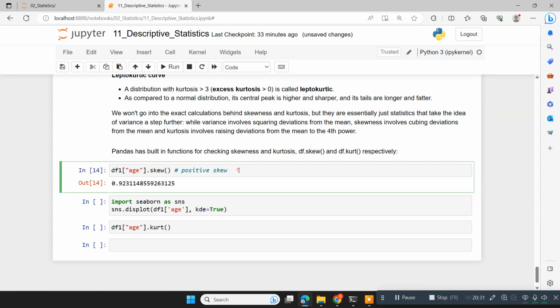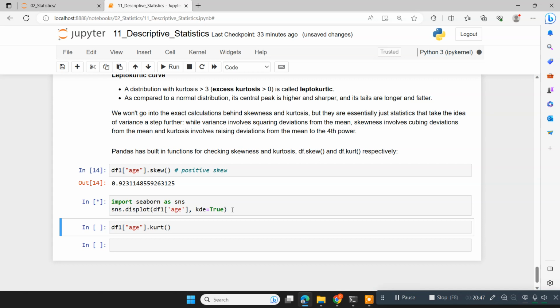And we can also see the distribution of the data by using distplot, which is provided by the library seaborn. So importing seaborn as sns, then sns.distplot of age, with KDE, kernel density estimation, equal to True, which gives you an arc.